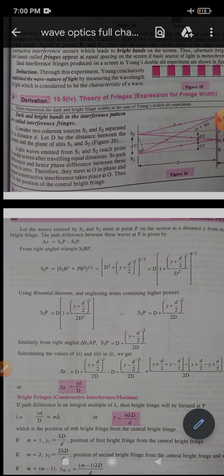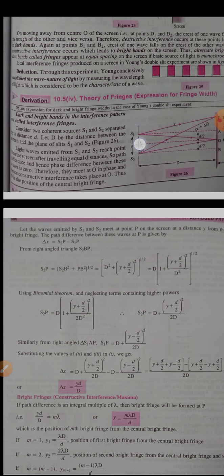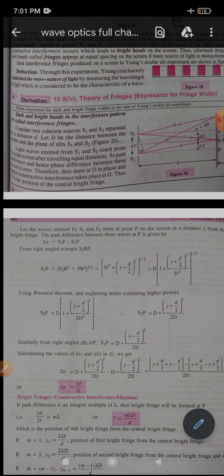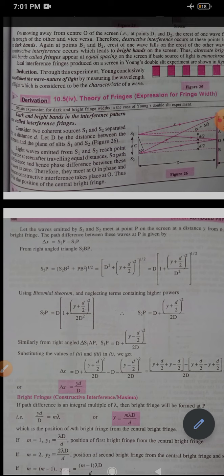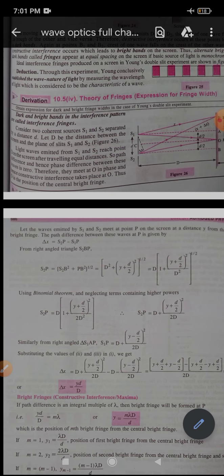Consider the coherent sources S1 and S2 separated by a distance d. Let capital D be the distance between the screen and the plane of slits.